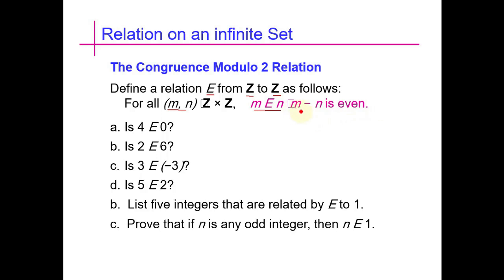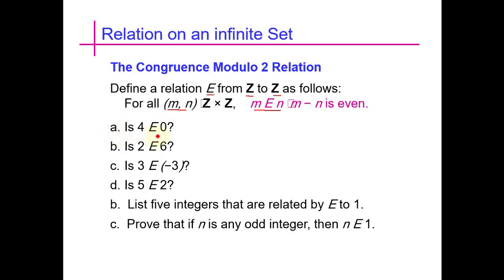So if m minus n is divisible by 2, then that pair will be considered in the relation E. Here are some questions related to this relation.